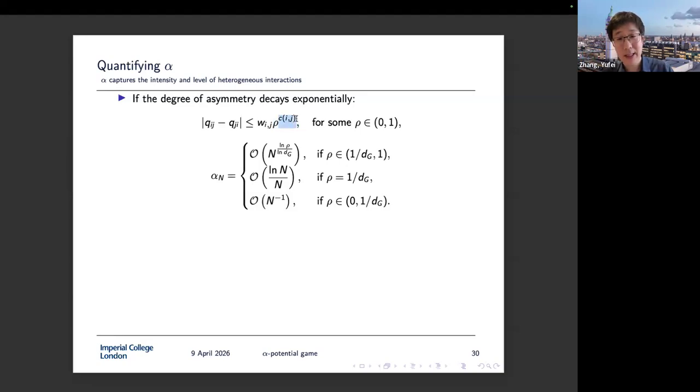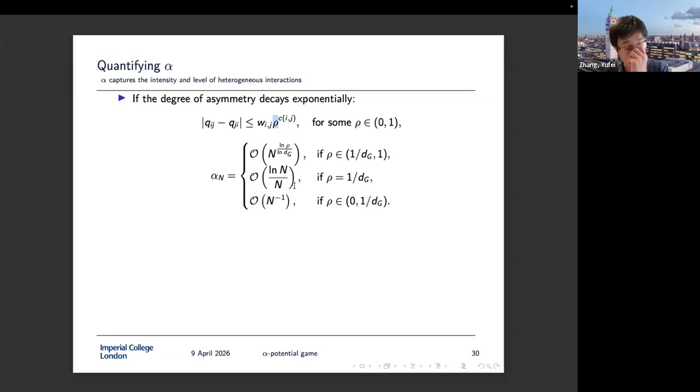So this Cij is the graph distance, meaning that according to this interaction graph, how many steps player i needs in order to reach player j. We assume that this interaction decays when the players are far away on this graph, and the precise decaying speed is given by this parameter rho.